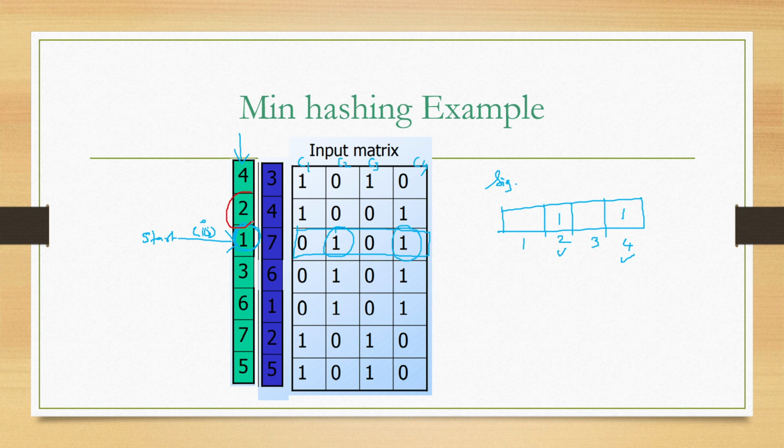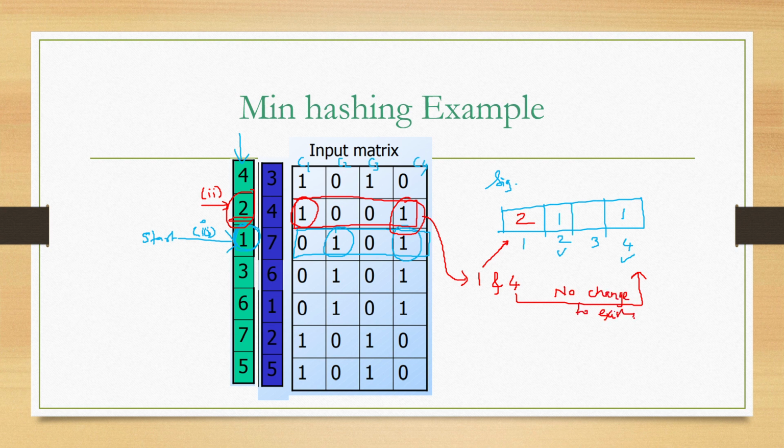Now this is the second row that needs to be considered, and in this row we have 1 at C1 and C4. So at 1 we will write 2, and at 4 there is already a value present in the signature, so we'll make no change to the existing signature value.